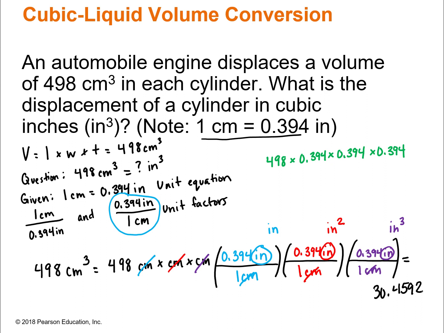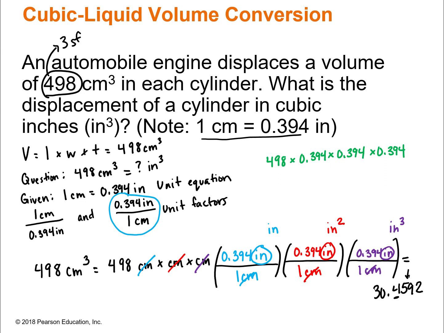However, the information we're given in the problem has 3 sig figs. We need to round our answer to 3 sig figs. So that means we're going to keep the 4 as our last retained digit. It's the last one we're going to keep. And we look at the 5 to see if we round up or stay the same. 5 is 5 or greater.